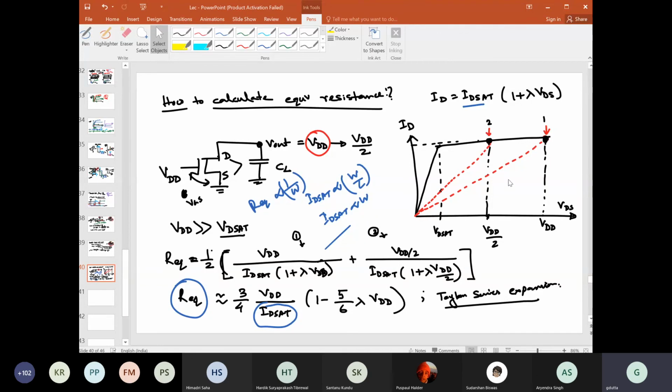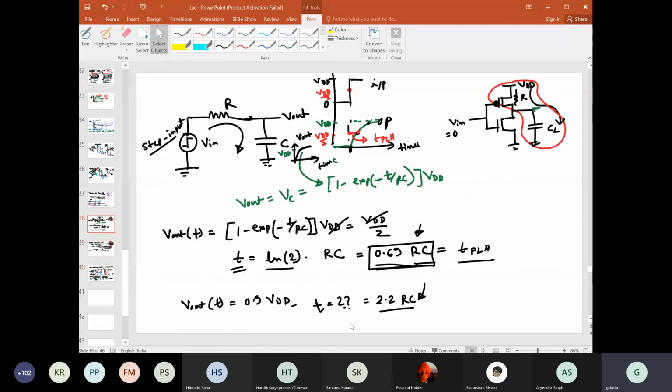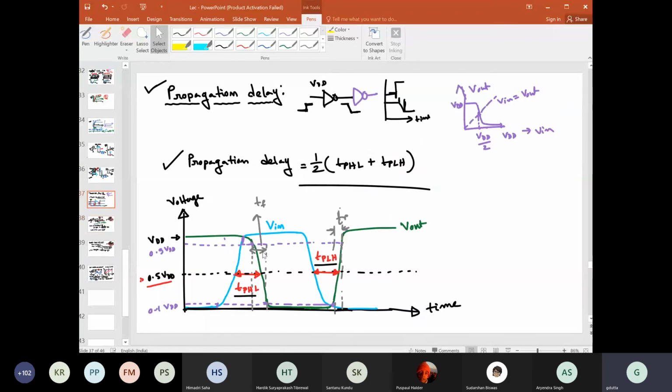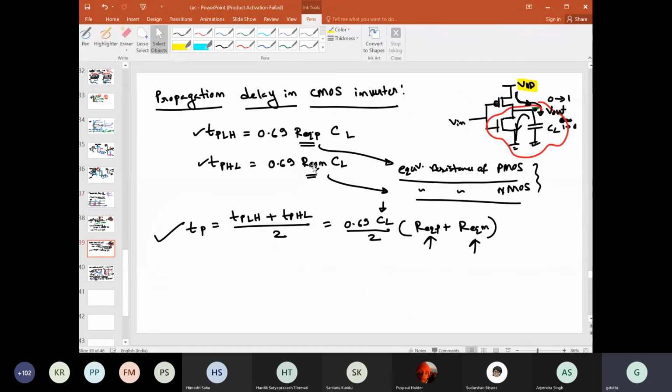So you can check that. For PMOS also you can use the similar thing and find the equivalent resistance of this PMOS. If you know that, then by using this expression, you should be able to find the propagation delay of an NMOS inverter, right?